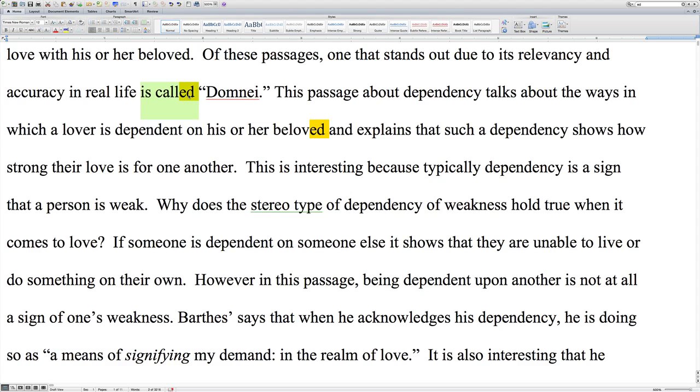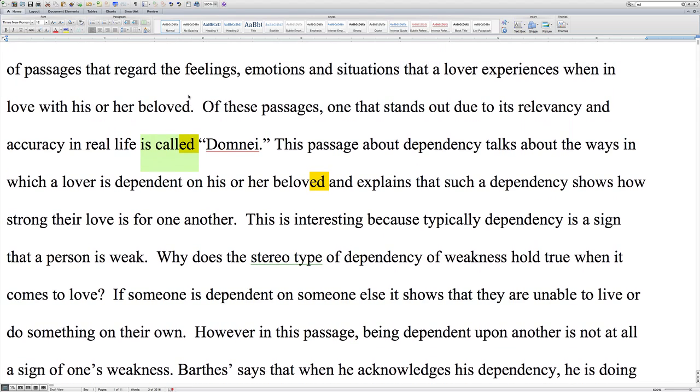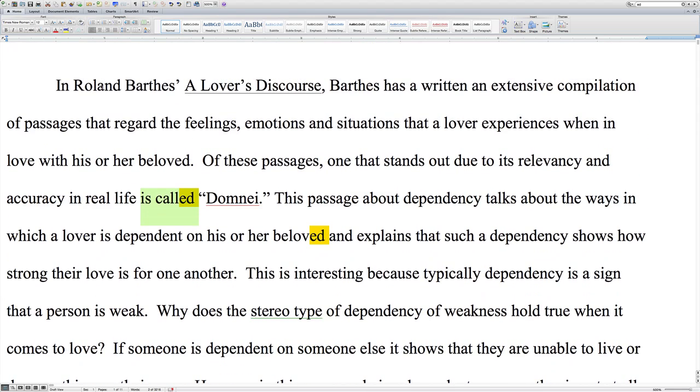Random people? The author of the book, right? So we're in a discussion about Roland Barthes' A Lover's Discourse, where Barthes has written blah, blah, blah. So he is probably the one calling this Domne. So make him do that calling.